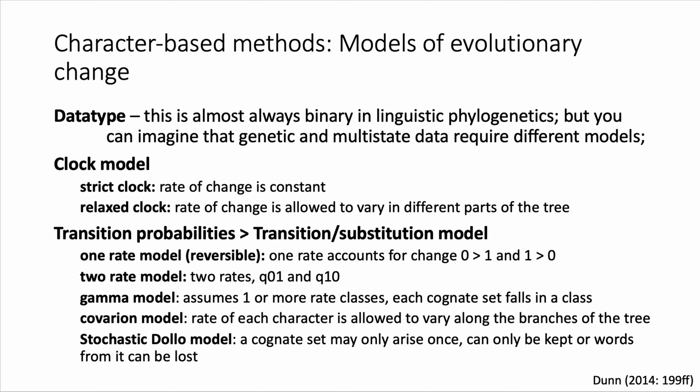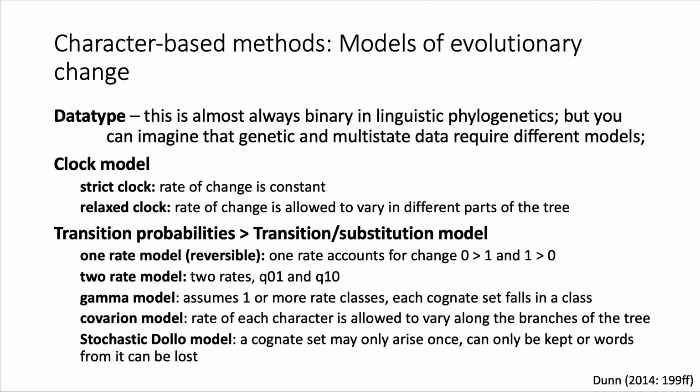Then we have a clock model. The clock model is about the rate of change. If it has to be constant throughout the entire tree, that means that you have a strict clock. If you have a relaxed clock, that means that the rate of change is allowed to vary in different parts of the tree. Then we have to talk about transition probabilities, and this is central for change with regard to the cognates within their cognate sets.